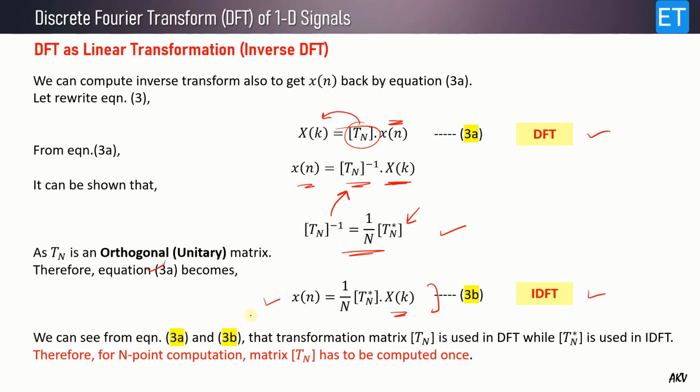Here you can see that Tn is used in 3a, and Tn inverse, that means the complex conjugate of Tn, is used in 3b. So your computation is further simplified: you have to compute Tn only once, and you don't need to compute DFT and IDFT differently. For IDFT, you just find the complex conjugate of Tn. That's it.